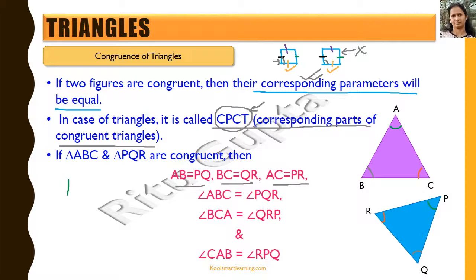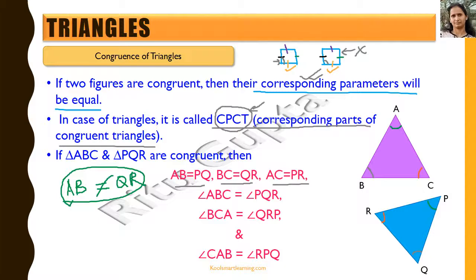Now can we say that AB is equal to QR? No. We cannot say this if it is written that triangle ABC and PQR are congruent.